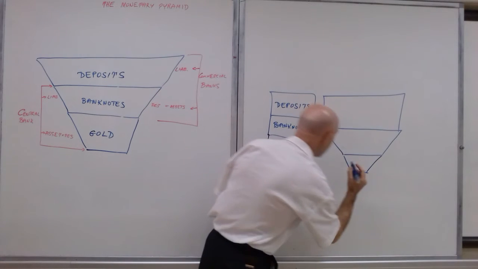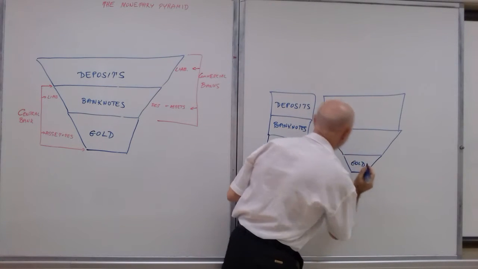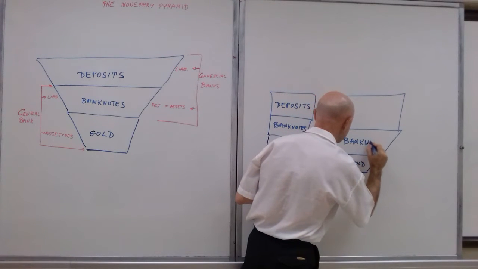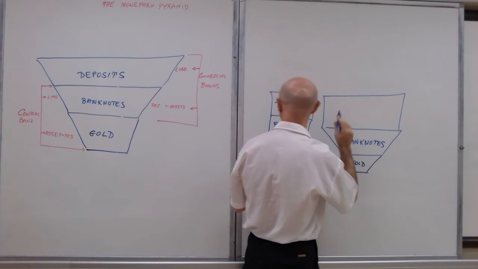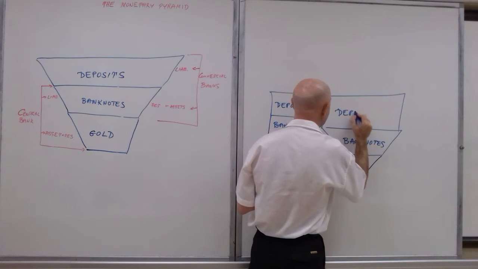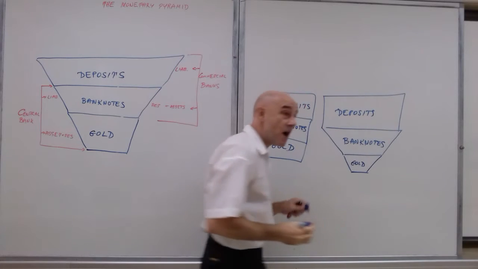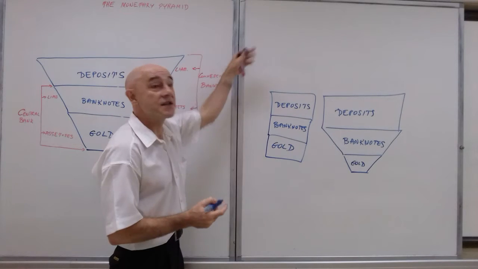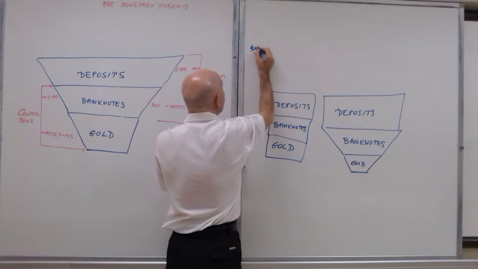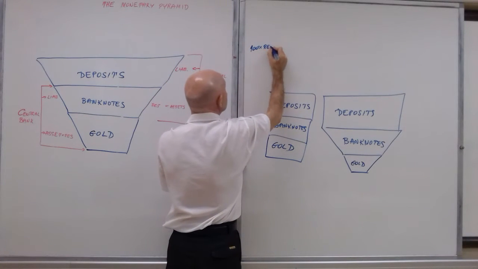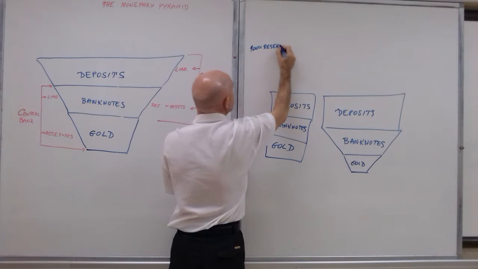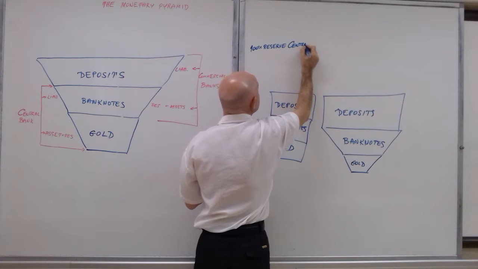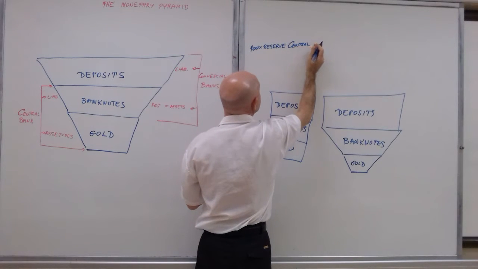So we're going to have here gold, banknotes, deposits. So this picture represents, let's put a label on it, 100% reserve central banking.